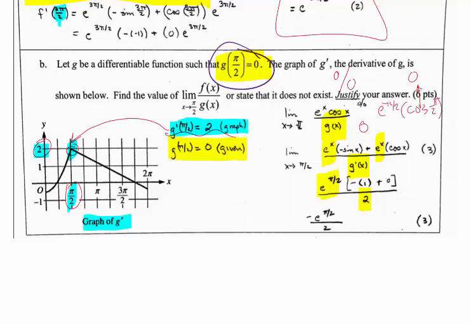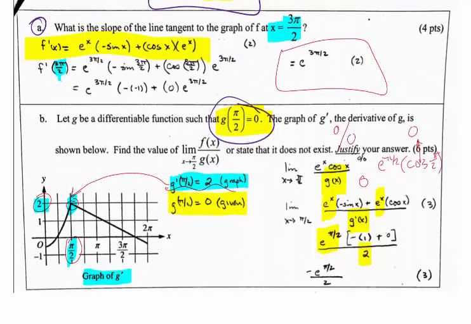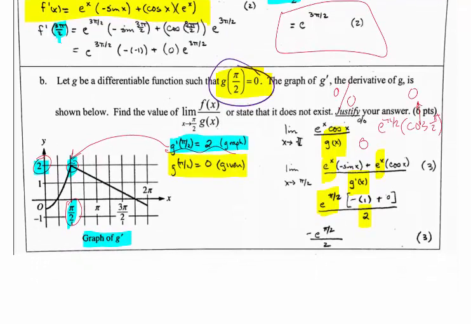Now, one thing I want you guys to really pay attention to is your notation here. In part A, notice in the part that's highlighted in yellow, it's f prime of x. Right below that, I have f prime of 3 pi over 2 because that's the x value that we're evaluating at. In part B, let me get rid of some of this stuff because we got a lot of highlighting going on here.